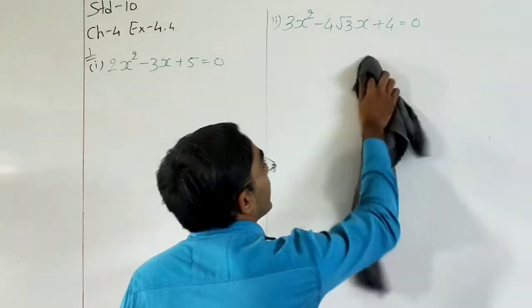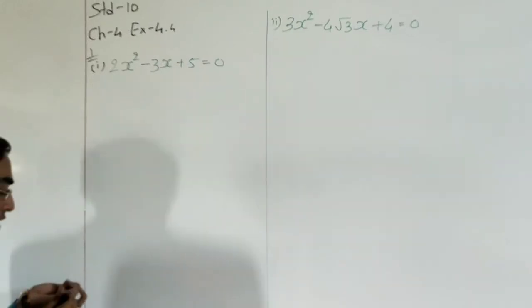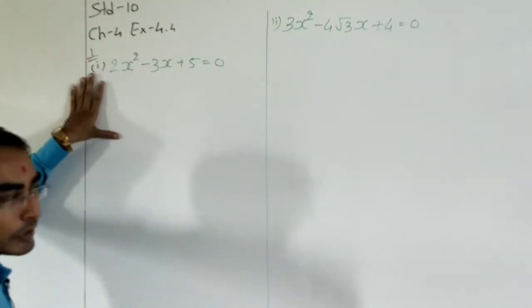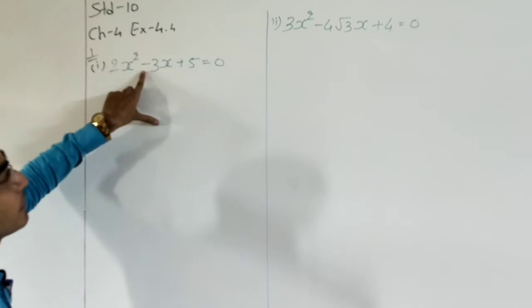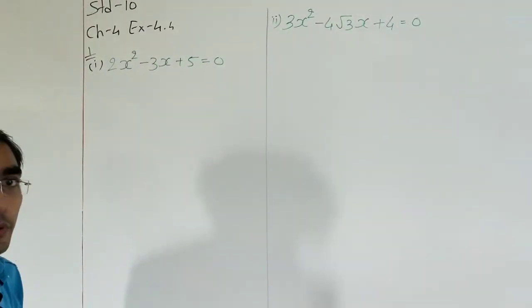First of all, write down here our question number 1: 2x square minus 3x plus 5 is equal to 0.